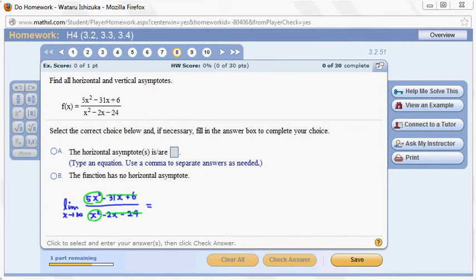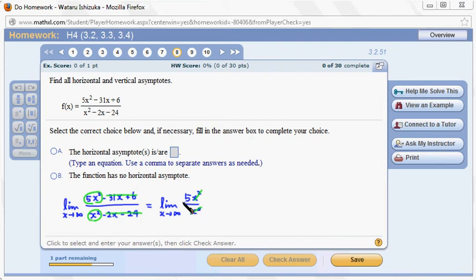You get the limit as x approaches infinity of 5x squared on top and x squared on the bottom.